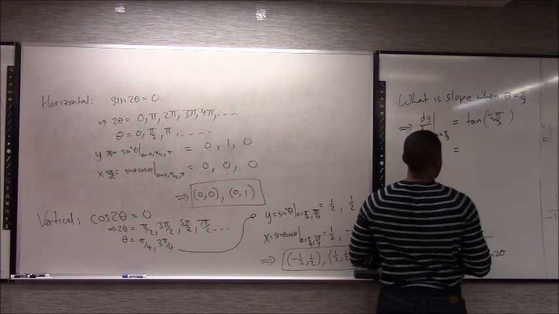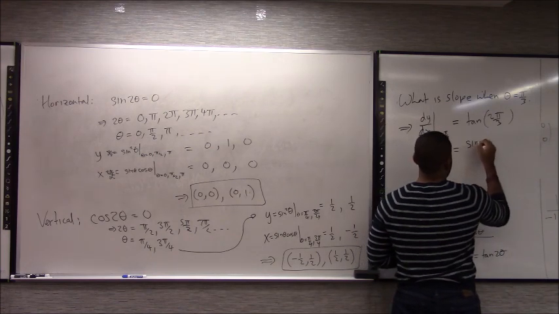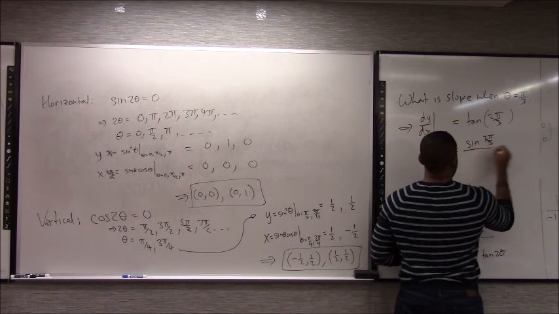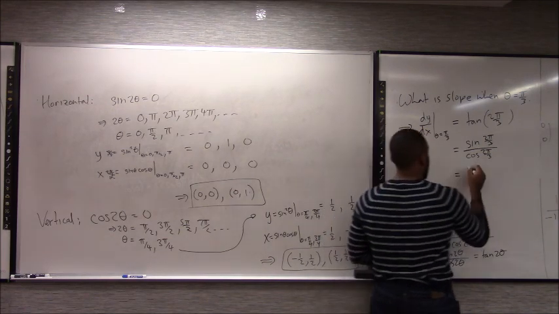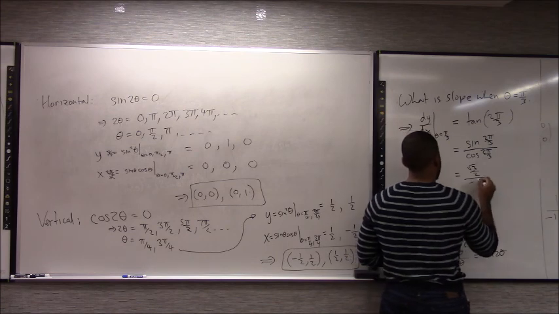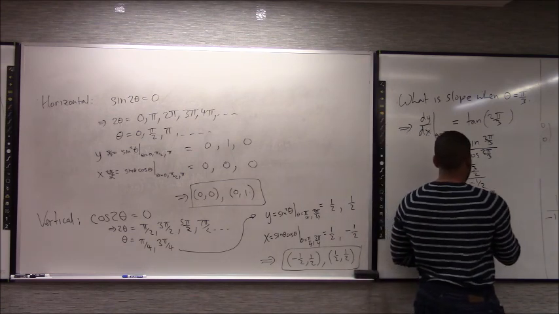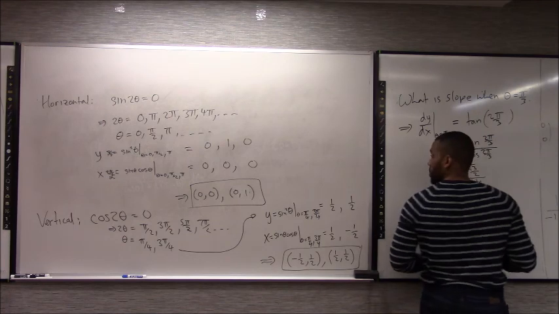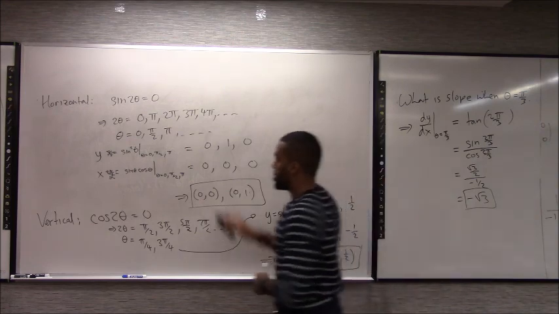What's the tangent of 2 pi over 3? You might not know that off the top of your head, but we can just work it out. Sine of 2 pi over 3 is going to be radical 3 over 2, and the cosine is going to give us minus 1/2. So minus radical 3. That was the second part.